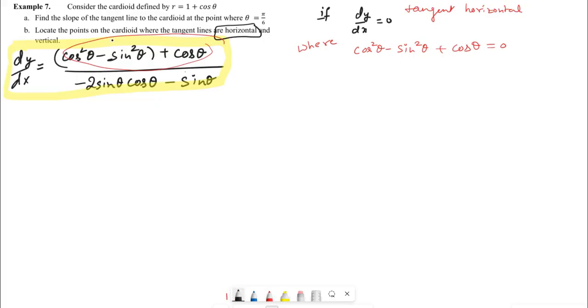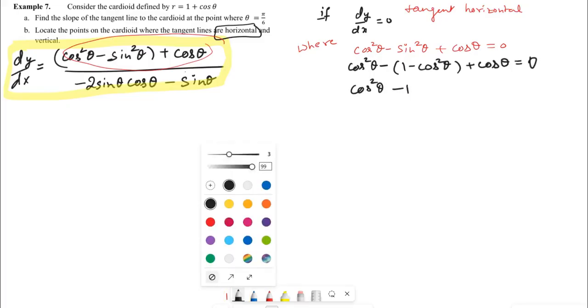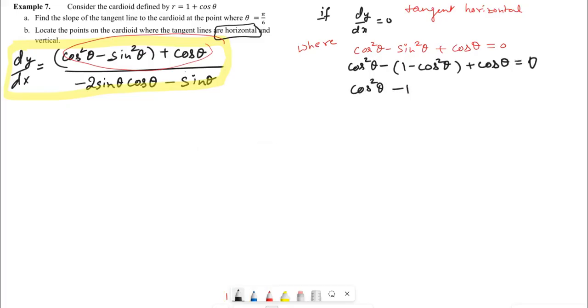First of all, I'm going to make everything in cosine. So cosine square theta minus, in place of sine square, I can write 1 minus cosine square theta, plus cosine theta as is. So let's open the parenthesis, plus 2 cosine square theta plus cosine theta equal to 0.